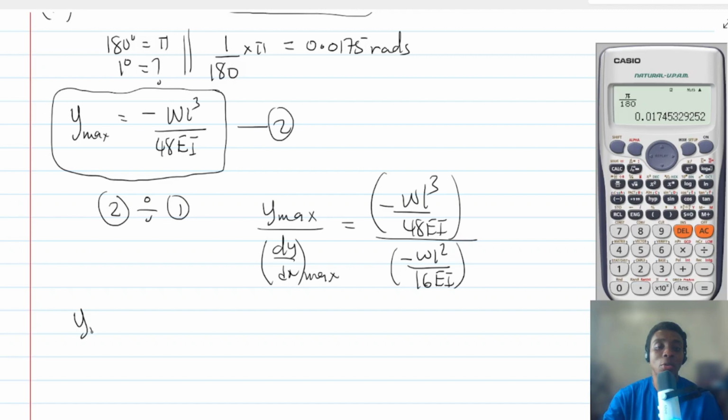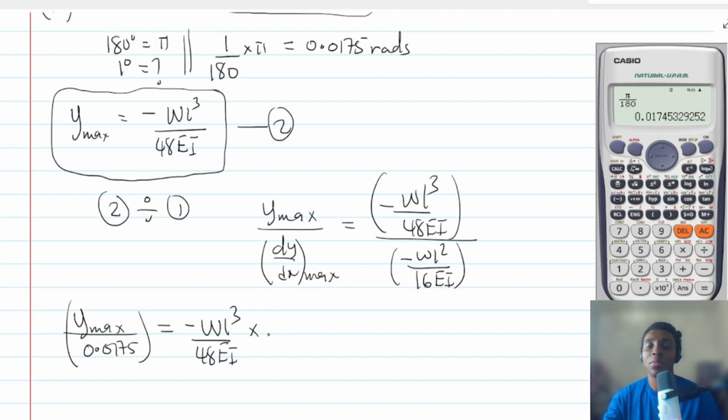But then what were we told? We were told that the slope is 0.0175. If we are dividing, then we can turn it upside down and multiply, so it's going to be 16 EI divided by WL squared.